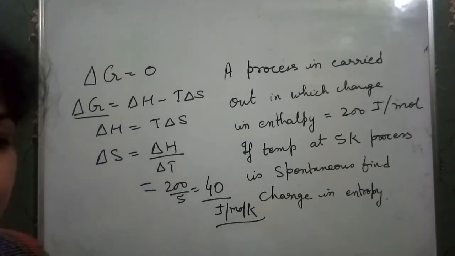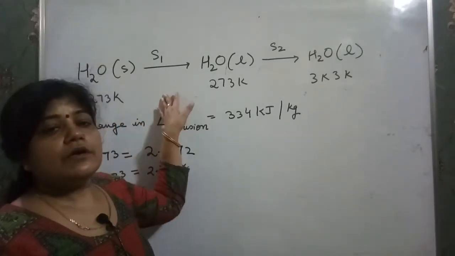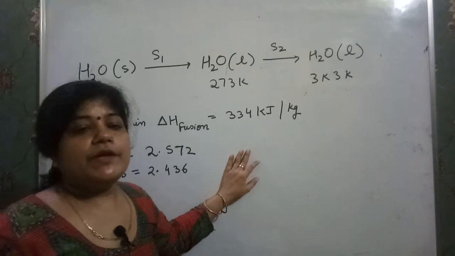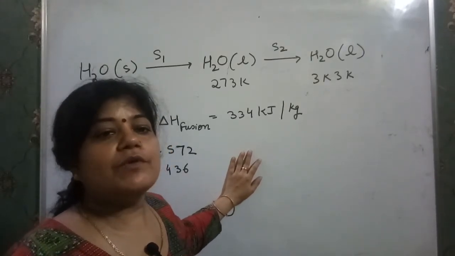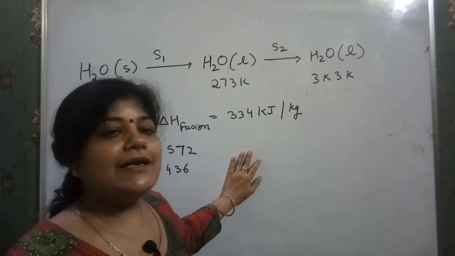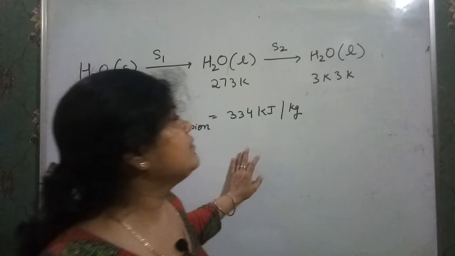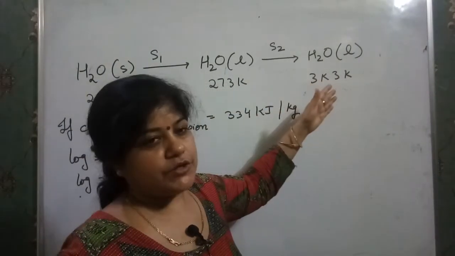Now the next question I am going to take is about entropy. I have taken another question in order to explain how you calculate the change in entropy when we have 1 kilogram of ice that converts into liquid, and then that liquid converts into water vapor at the boiling point.